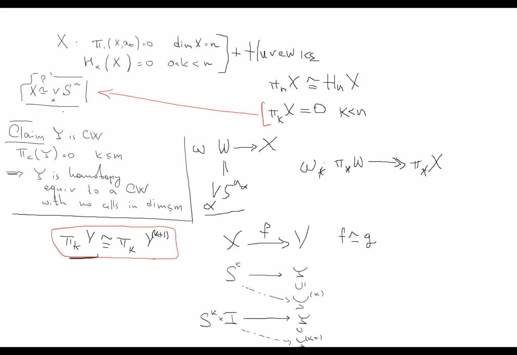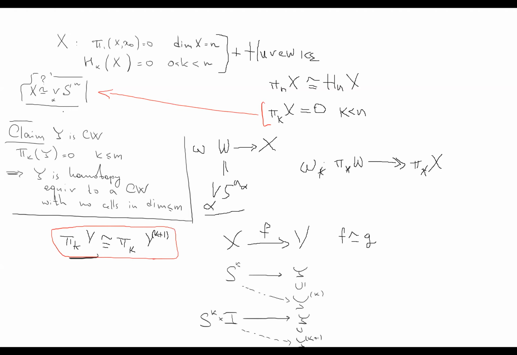So probably we should start from the case that we have discussed in the previous seminars. Suppose we have a path connected CW complex.